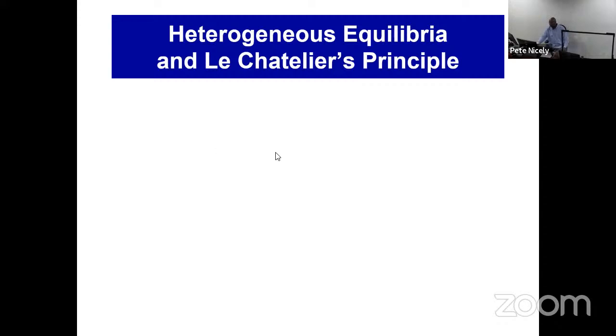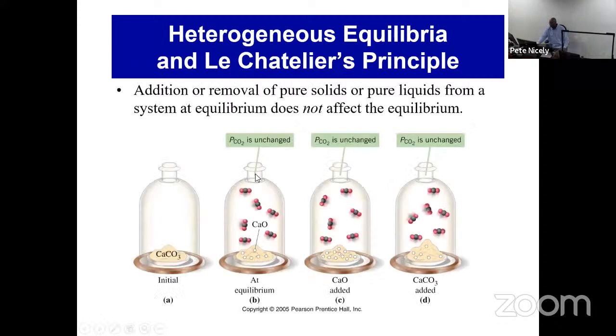We're looking at the reaction that we saw earlier. The equation is CaCO3 solid forming CaO solid plus CO2 gas, right?